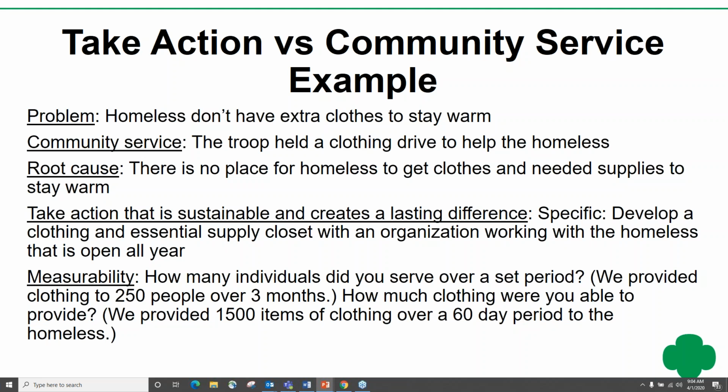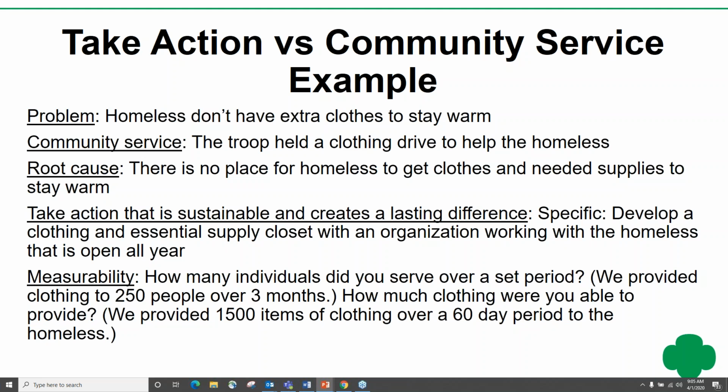So it's sustainable because you've built a clothing and essential supply closet, you've figured out how it will be restocked, and you've worked with an organization who is going to continue the goal of the project, which is to make sure that the homeless have extra clothing to stay warm. This particular project can be measured in a couple of ways.